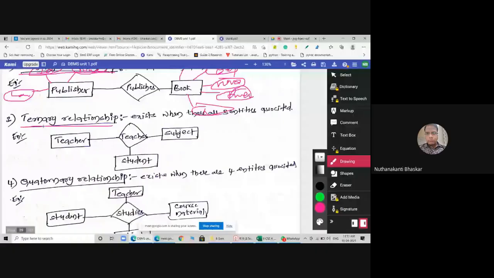Coming to the ternary relationship, ternary means three. Here three entities are going to associate with one relation. That is called a ternary relationship. For example, teacher teaches subject, teacher teaches student. Here you don't go subject, teacher, student, right to left.